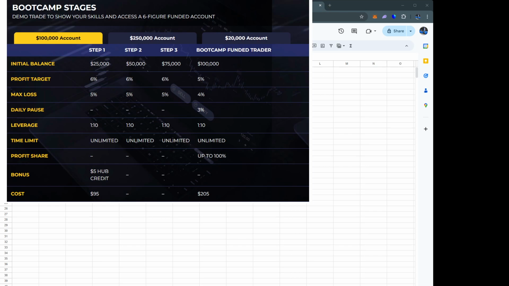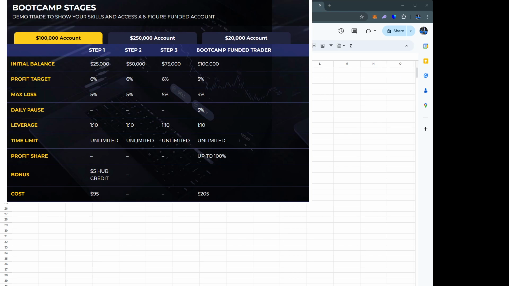Here they make it a little bit more complicated to show you that you are progressive from 25,000 to 100,000, where the target is 100k funded. So in the first step you have 25,000 initial balance. We don't care actually about the initial balance. What we care about is the profit target and the max loss.